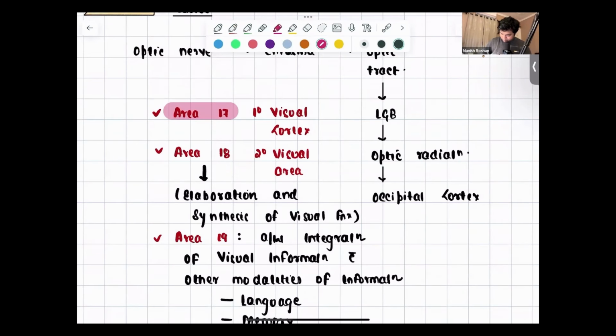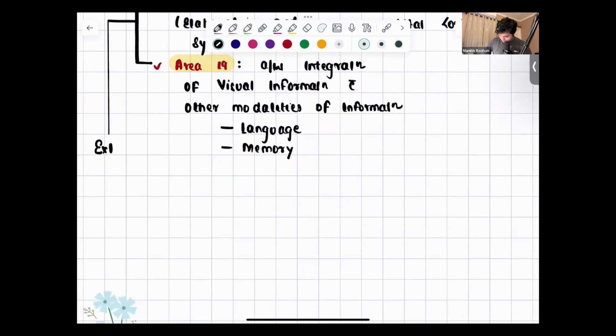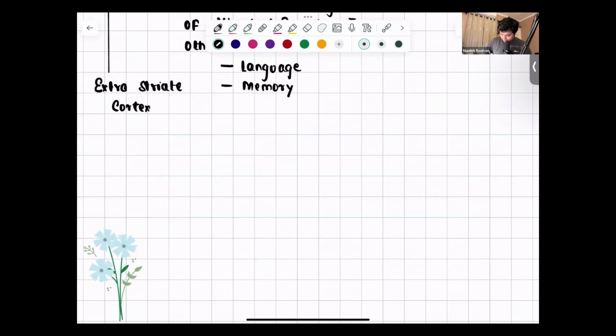Remember, we have already discussed these two, 18 and 19. They will be called the extrastriate cortex. Now this part is important.